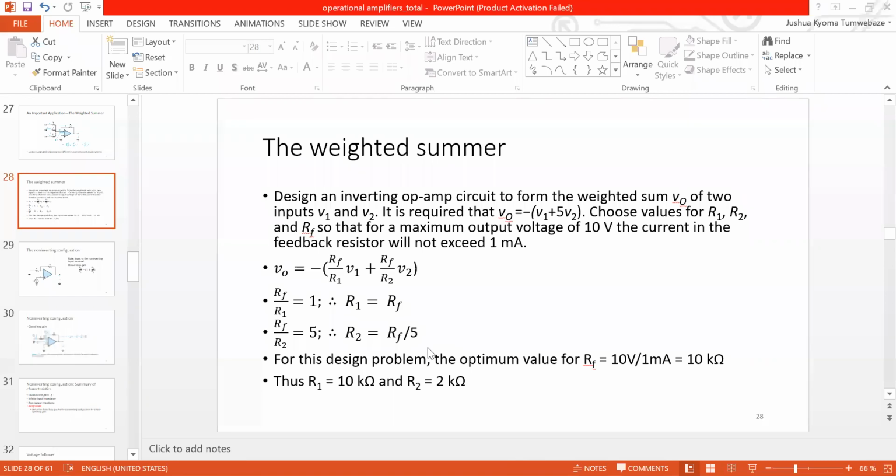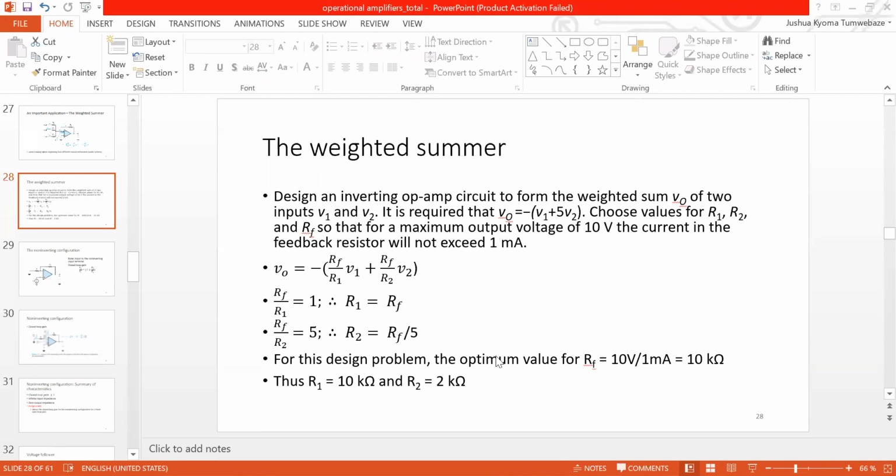We're given an extra constraint that the maximum output voltage is 10 volts, while the maximum current in the feedback resistor is 1 milliamp.